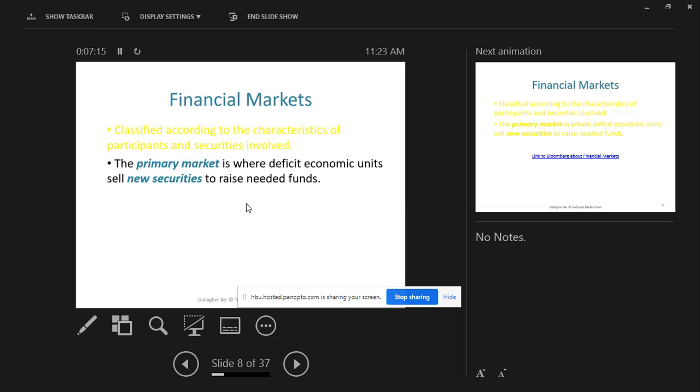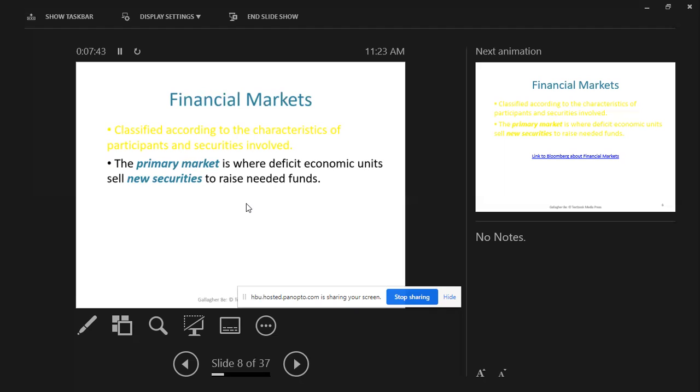Other than the IPO, I want you to remember another term. It's called SEO, seasoned equity offering. The primary market includes two: IPO and SEO.